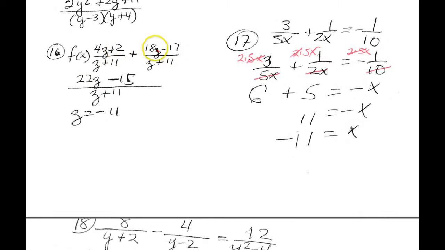A positive 2 minus 17 gives me a negative 15. And it's just over my common denominator. And they were asking, what is the qualification here? Again, if you solve the denominator for 0, or you find what would make it a 0, you get x equals negative 11. So in this, I meant to say z. Z cannot be a negative 11. That's the qualifier.